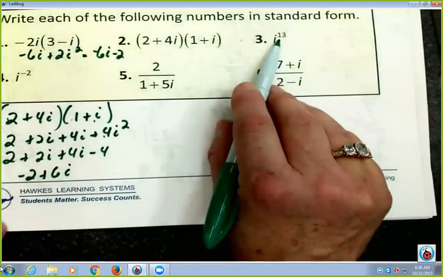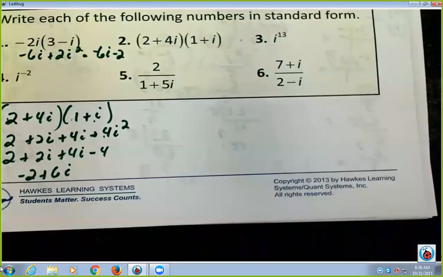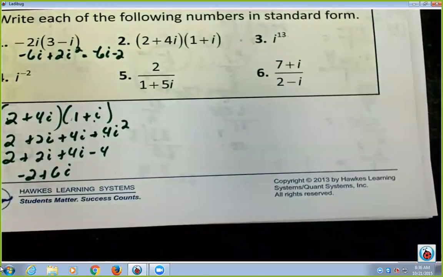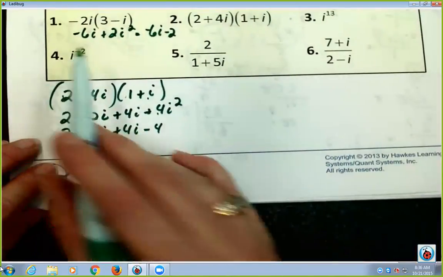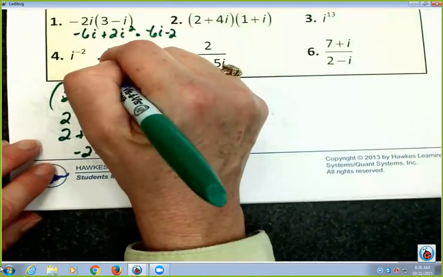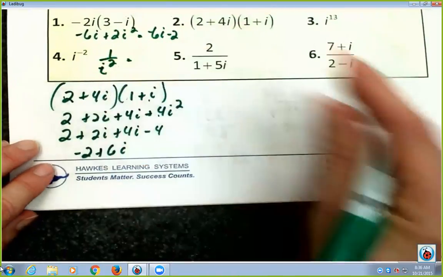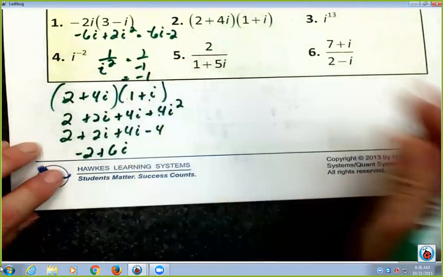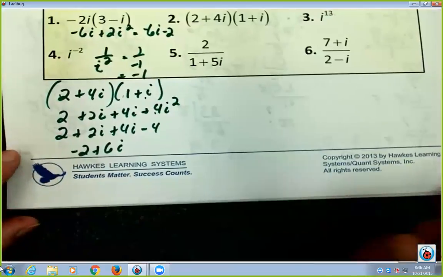i to the 13th: 13 divided by 2, and figure out how many i squareds you have, and then you're going to come back and figure out what your values would end up being for that. A negative i, so that just simply moves it to the bottom and makes it a positive i squared, or 1 over a negative 1, or simply a negative 1 when you work that one out.